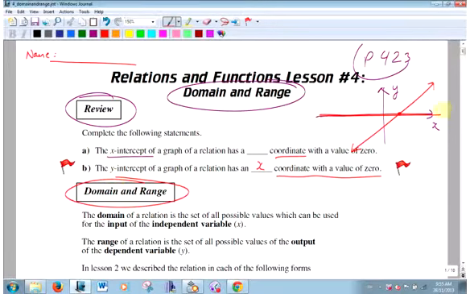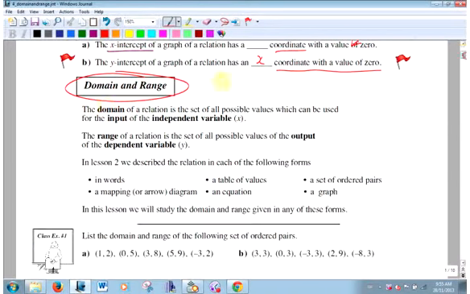Domain and range. You haven't seen this before, okay? Domain is the inputs, also called the independent variable, which 98% of the time will be x.